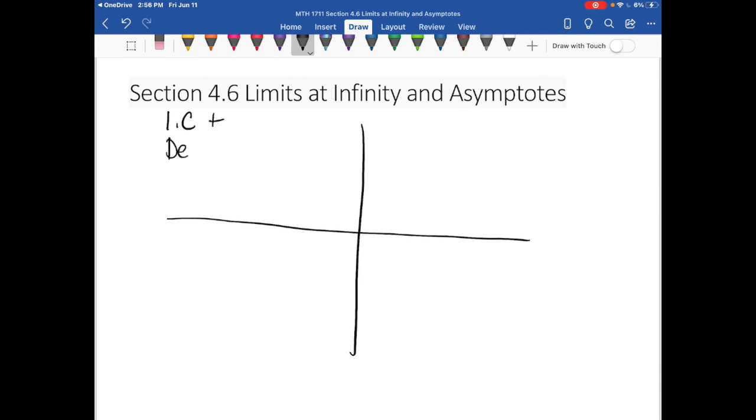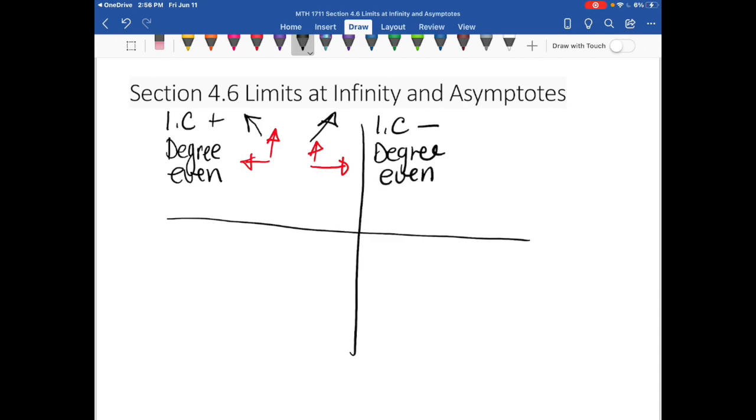And if you recall, if the leading coefficient of a polynomial was positive and the degree was even, we said that the arrows of the graph, when we draw them, are going to go up and to the left and up and to the right, meaning as x approaches positive infinity, the y value is going to grow unbounded, and as x approaches negative infinity, the y value is going to grow unbounded.